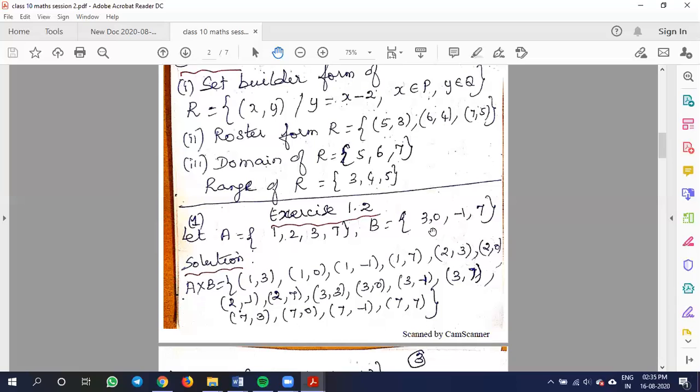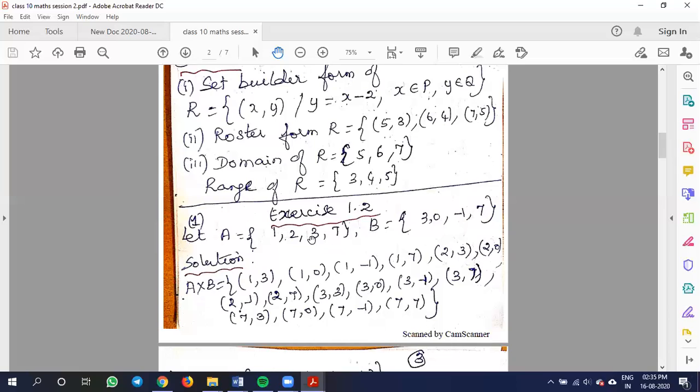So here it is 1, 3, then 1, 0, 1, -1, 1, 7. Then take the next element: 2, 3, 2, 0, 2, -1, then 2, 7.